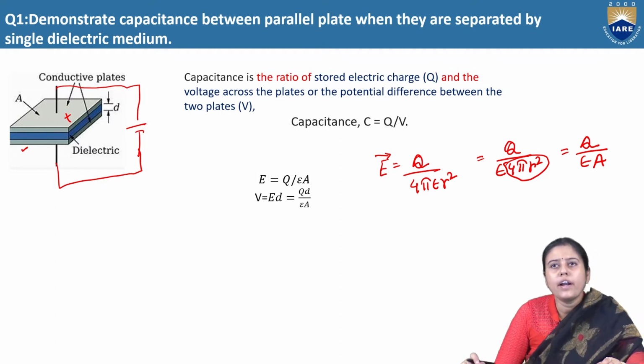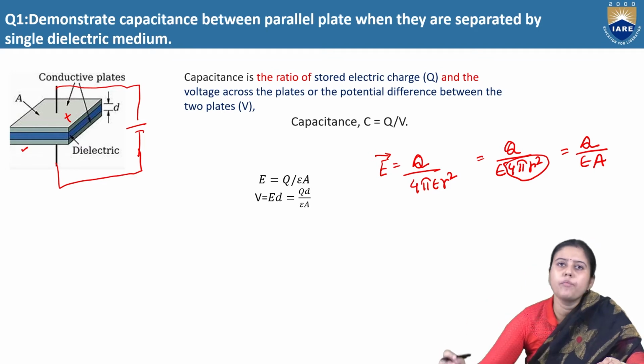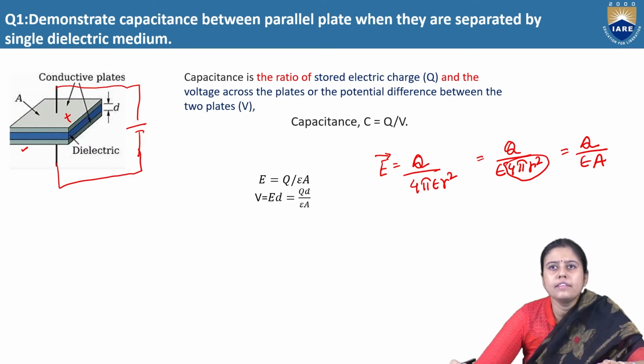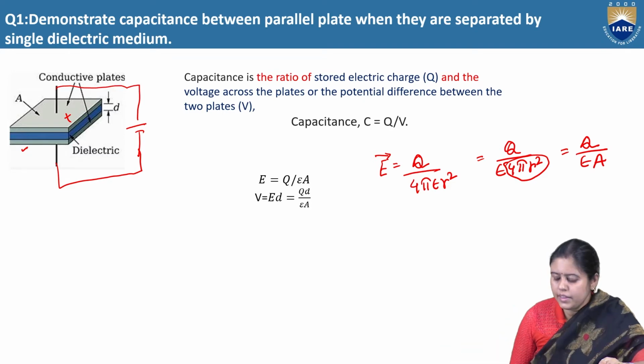So, what is V? According to the definition of potential difference, V is equal to intensity into distance. V equals intensity into distance. So, what is intensity? We got Q by epsilon A. And D is the distance between them.